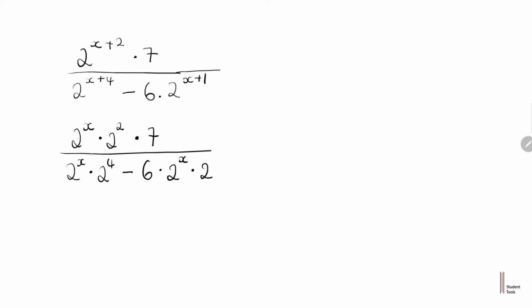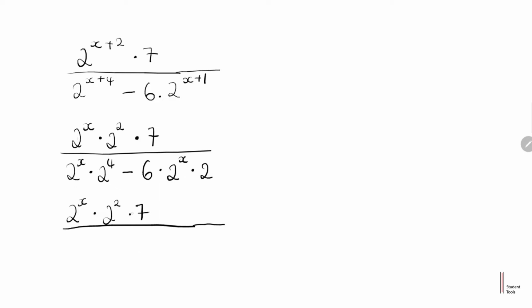At the top, there's nothing we can do. Let's just write 2 to the power x multiplied by 2 to the power 2 multiplied by 7, and this is over that. In this case, when we have something like this, we can look for a common factor.